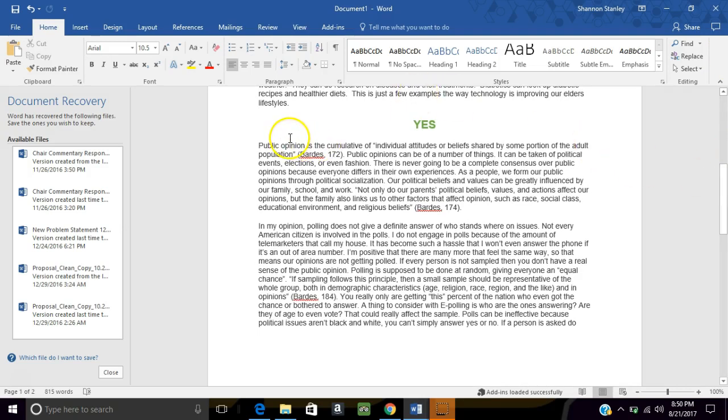Notice the student gives a definition of what it is they're going to be talking about. That's a topic sentence. Okay? They also provide supporting details. And then finally, there's a transition into the next paragraph. And I don't mind if you give your own opinion, okay?